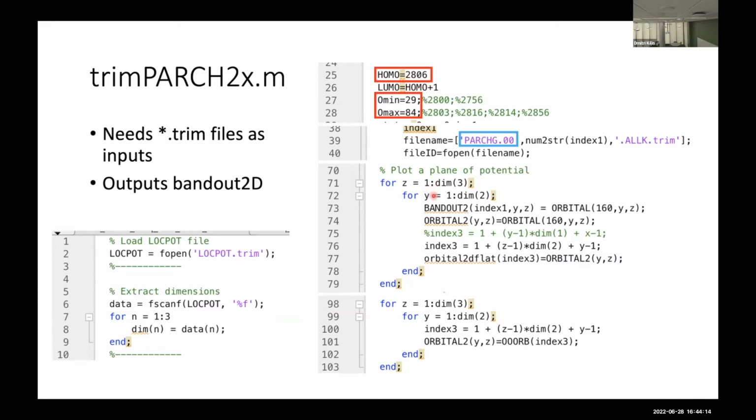This first, the Z equals, the Y equals, the band out equals, the orbital equals, and the index 3, depending on which dimension you're trying to integrate over. And you would have to make the same modifications to this for loop, which is a little farther down. So in this case, we're integrating over the X dimension.